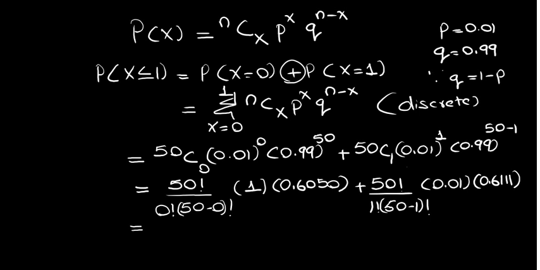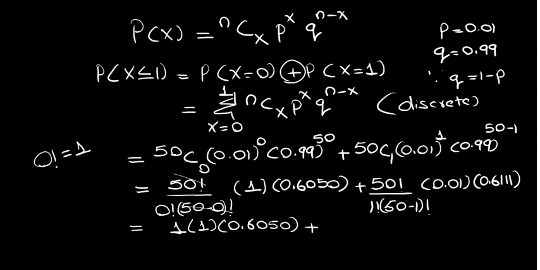50 factorial divided by 50 factorial gets cancelled out, and 0 factorial is 1. Remember this, 0 factorial is 1, so this will be 1 into 1 into 0.6050. And 50 factorial is nothing but 50 into 49 factorial.